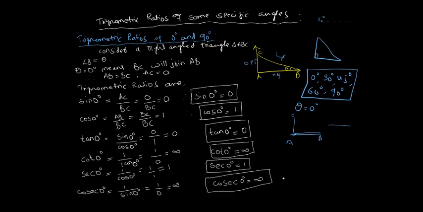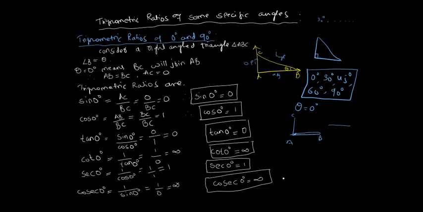Then what happens? AB will be equivalent to BC and AC. So there is no distance AC because AC will be measured according to the angle made by BC. So therefore AC will become 0. Using this we can define trigonometric ratios. So sin 0 equal to opposite by hypotenuse.